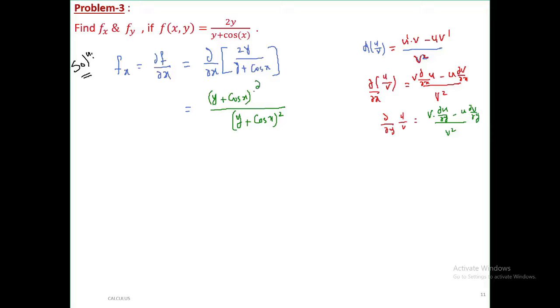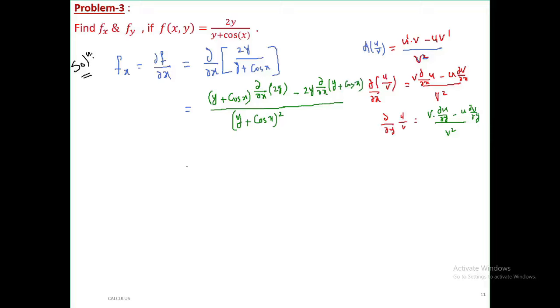So dou by dou x of the numerator function, which is 2y. The second one, minus: numerator as it is, 2y, and the derivative of the denominator with respect to x, dou by dou x of y plus cos x.